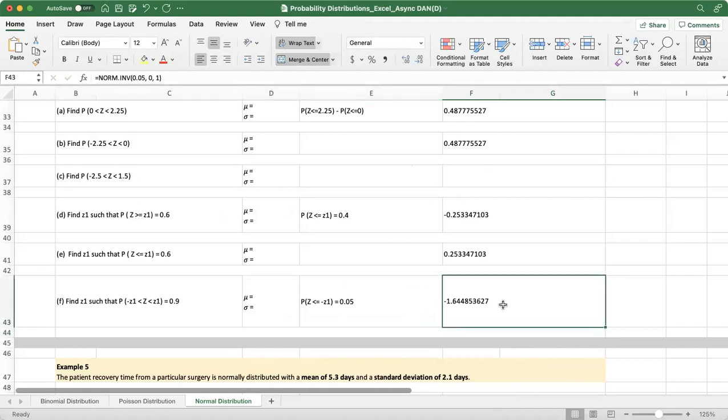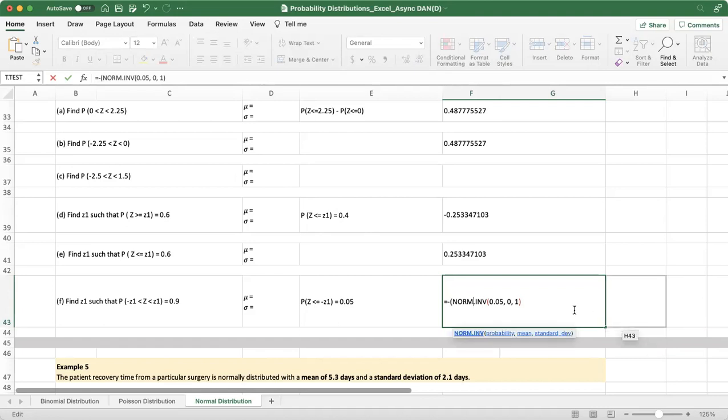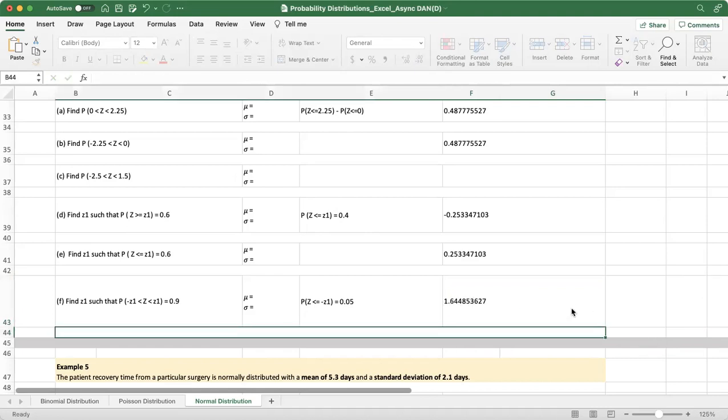And what we actually have here is minus Z1, which is minus 1.644. And if we want to find plus Z1, all we have to do is multiply this by minus 1. Or what I'll do is I'll just put a minus sign in front of this and run the function. And that gives me the answer of 1.644.